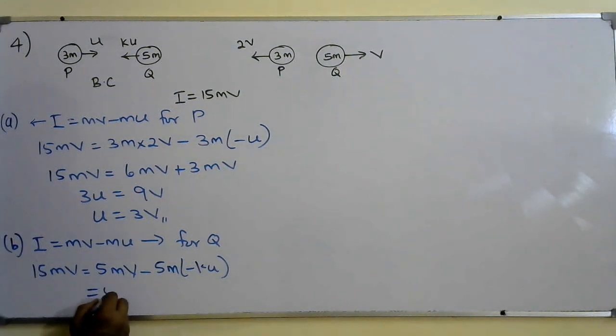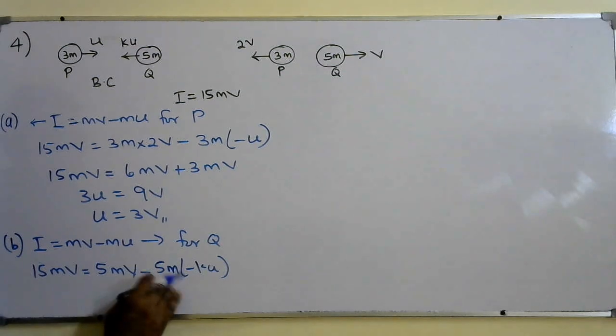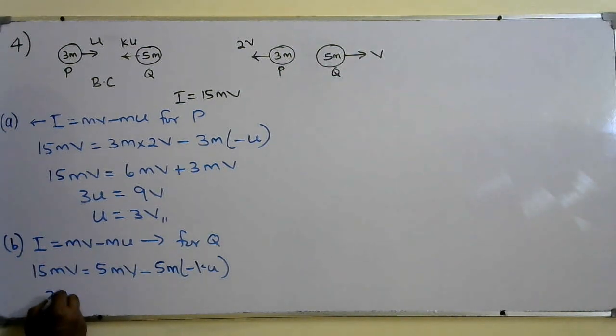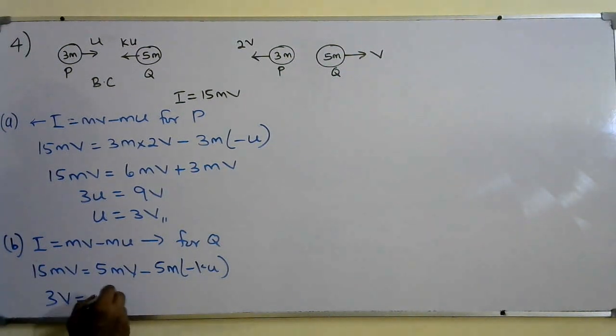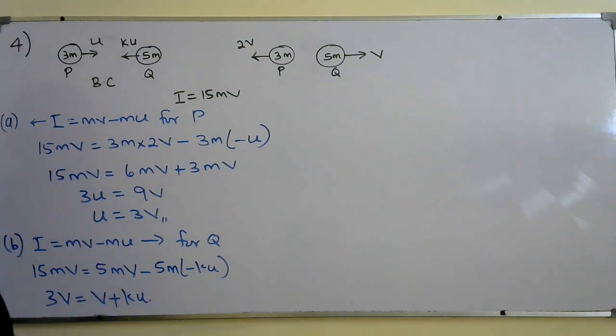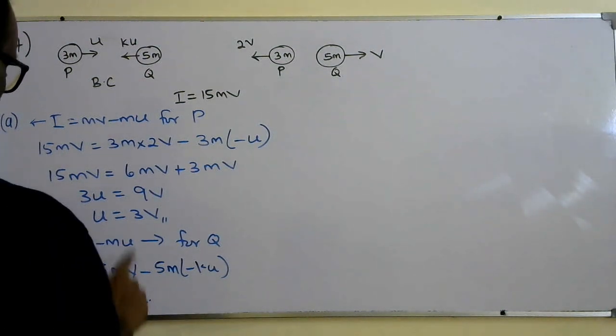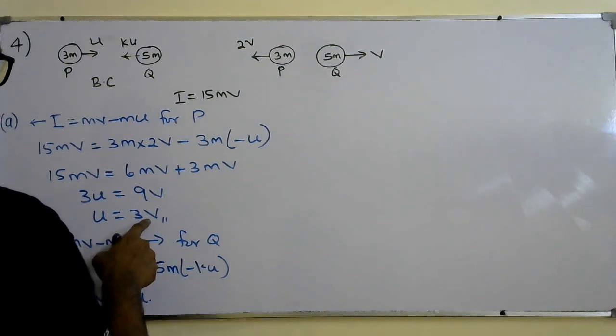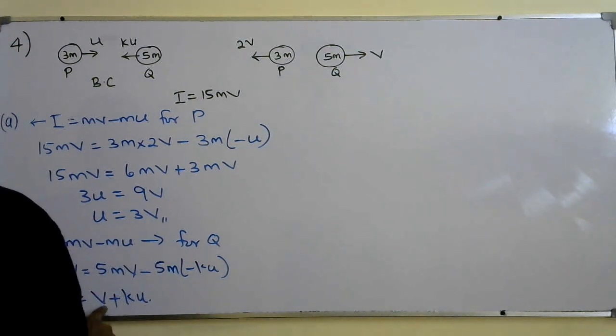Okay, so it's going to be 5mv, all the m will get cancelled, and the 5 I can divide, so 3v is equal to v plus ku. Instead of k, instead of v, substitute, the answer should be in the same units.